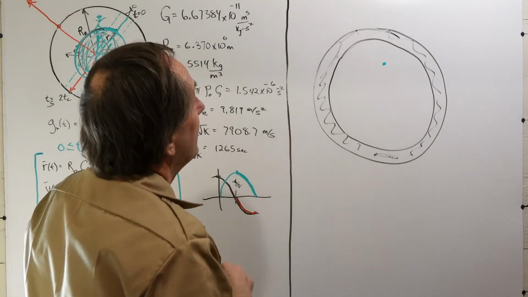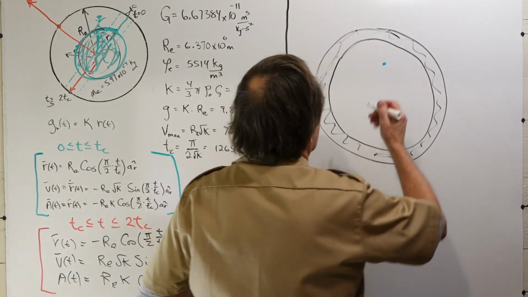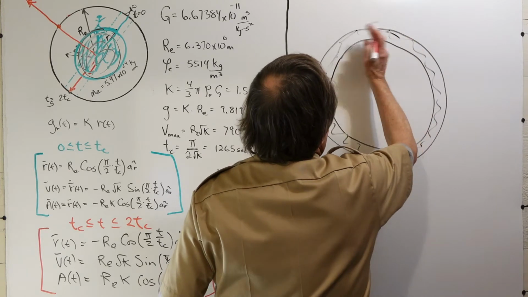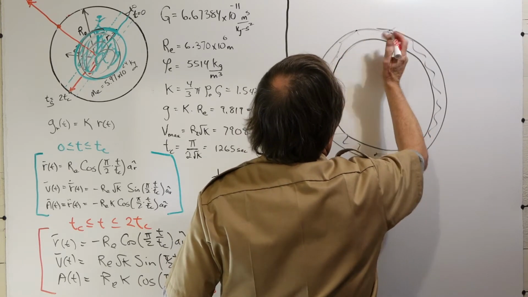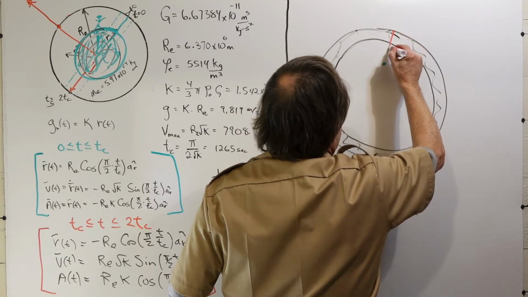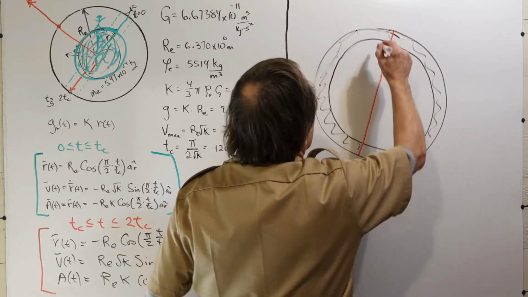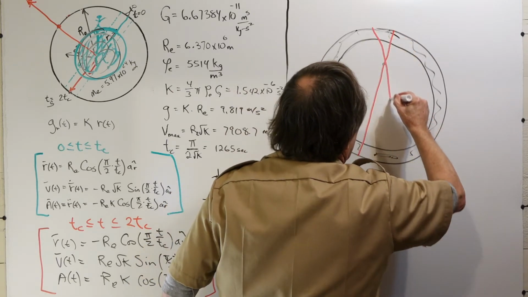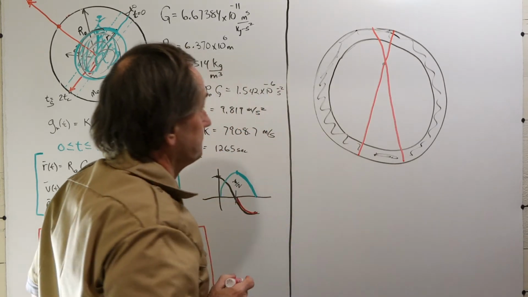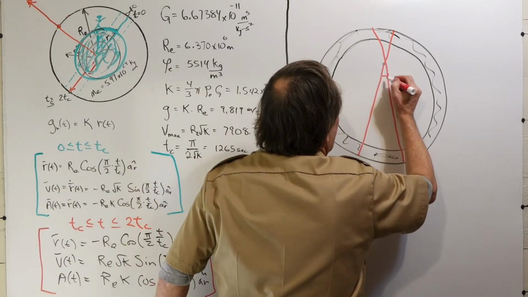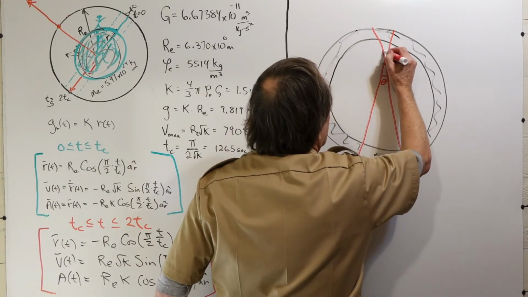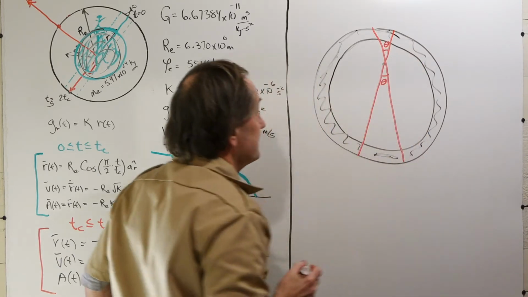If we look at the amount of mass that we see when we view over an angle, let's say here and here, by geometry we have two vertical angles, and those are the same.